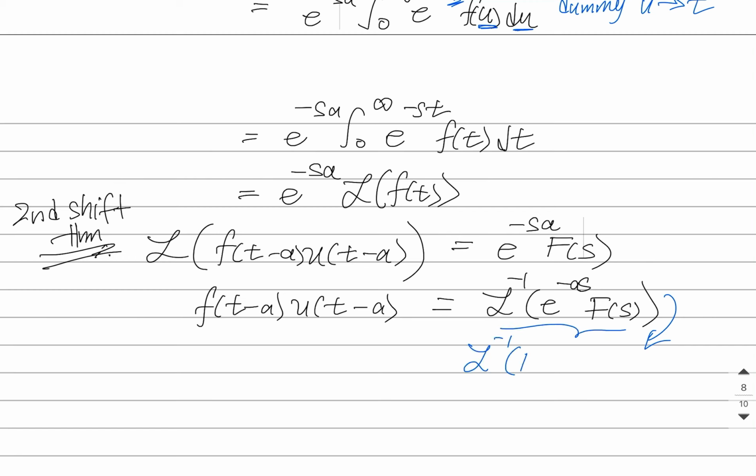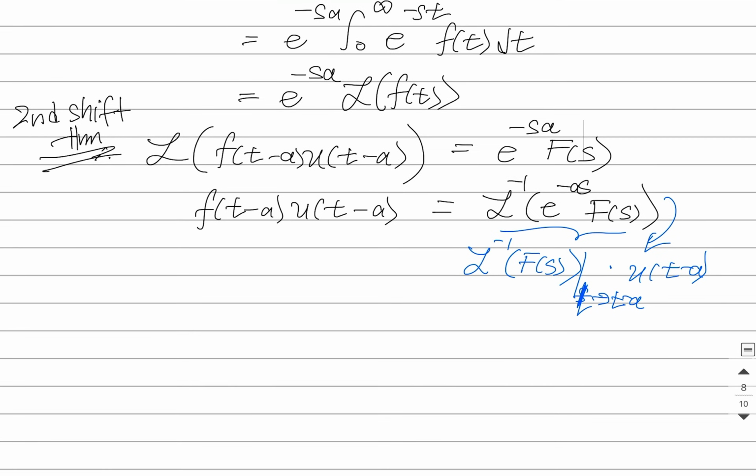It'll be the inverse Laplace transform of this function, and then you're going to shift the whole thing into t minus a and weight it by a unit step of t minus a. This is one of the tools that allows us to work with DEs that have discontinuous functions.